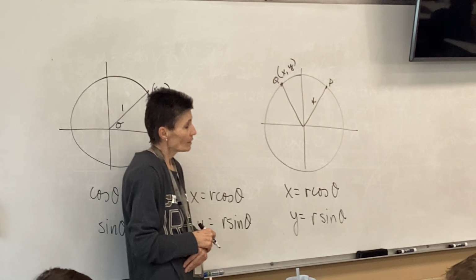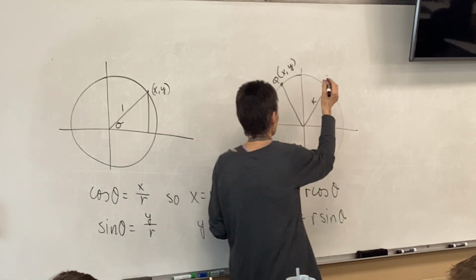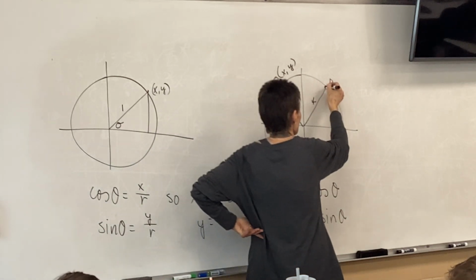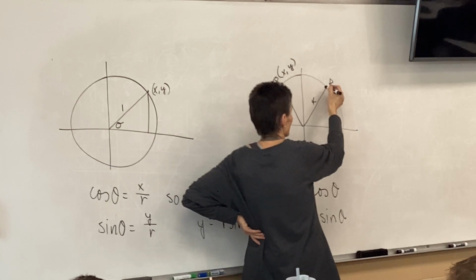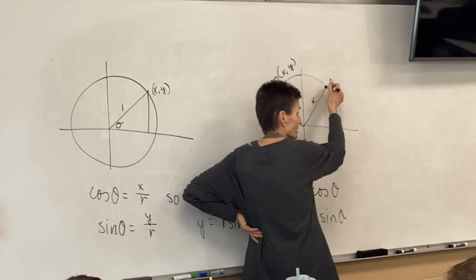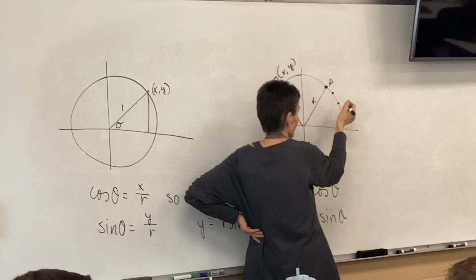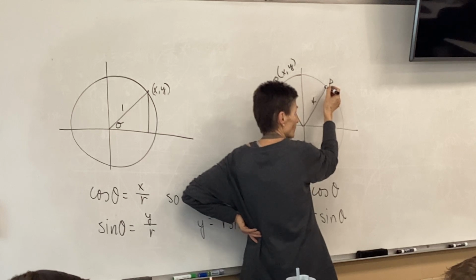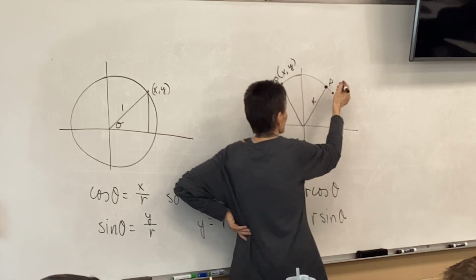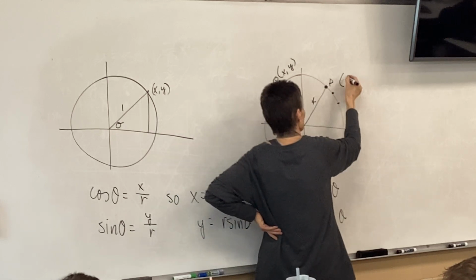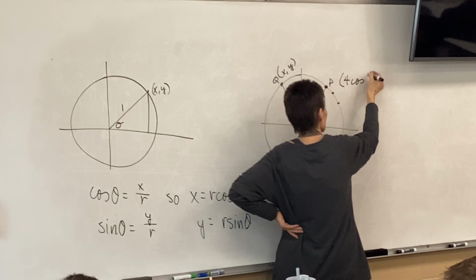Now, what can you tell me about this right here? Which angle is this? Look at where it is on the paper. You're going to have one here and one here. Which one is this one? Pi over 3? So this coordinate would be 4 cosine pi over 3.